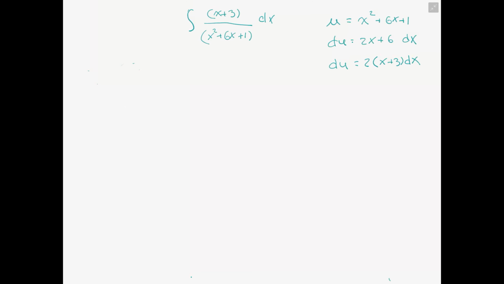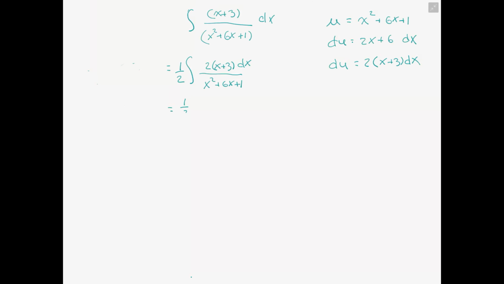This is equal to du, 2 times x plus 3 dx. So we got the x plus 3 dx. The only thing missing is the 2. So we put the 2 in, 2 times x plus 3 dx.